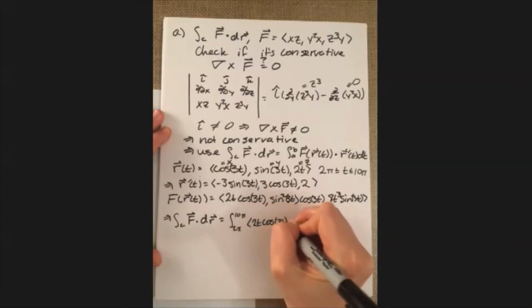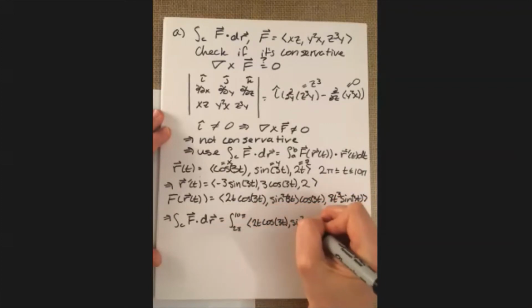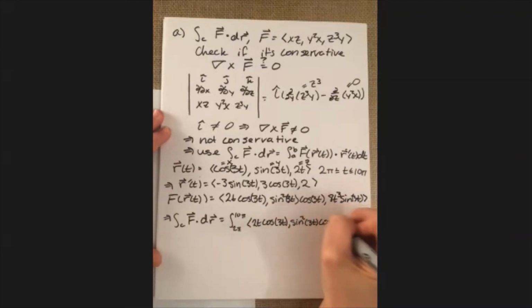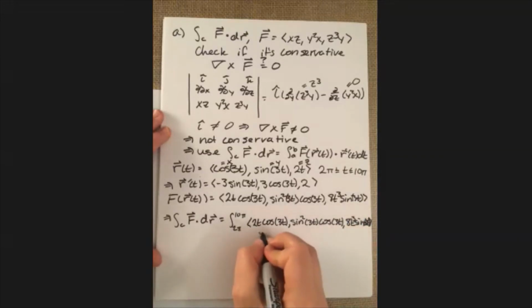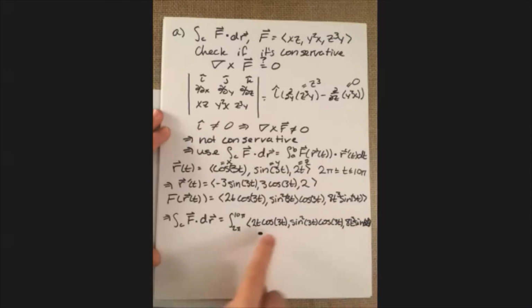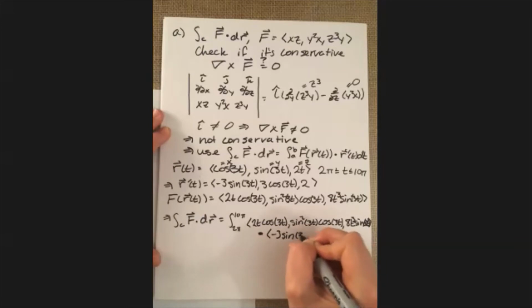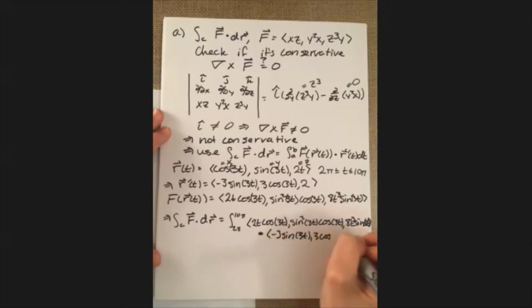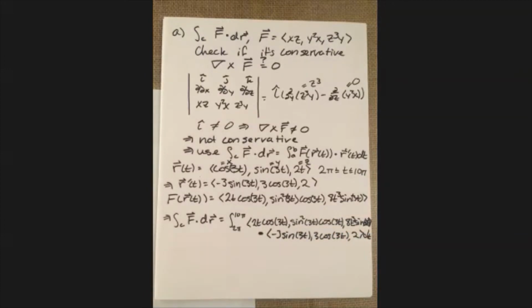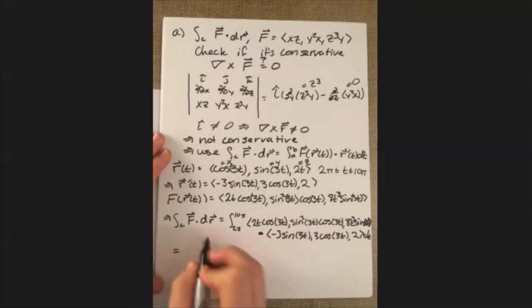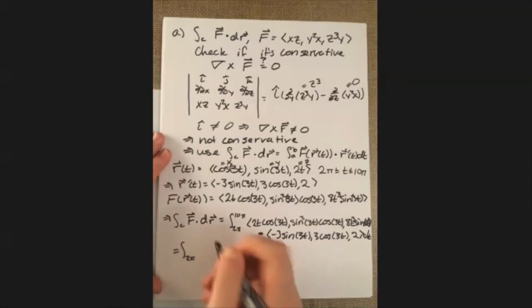Cosine of 3t sine squared 3t cosine of 3t, and then 8t cubed sine of 3t. Okay, and then we are dotting that with r prime of t. That's going to be negative 3 sine of 3t, 3 cosine of 3t, and then 2 dt. Well, now we get to take that dot product, which I guess I'll move this equal sign over here, and maybe we have a chance of fitting it all in the same line.